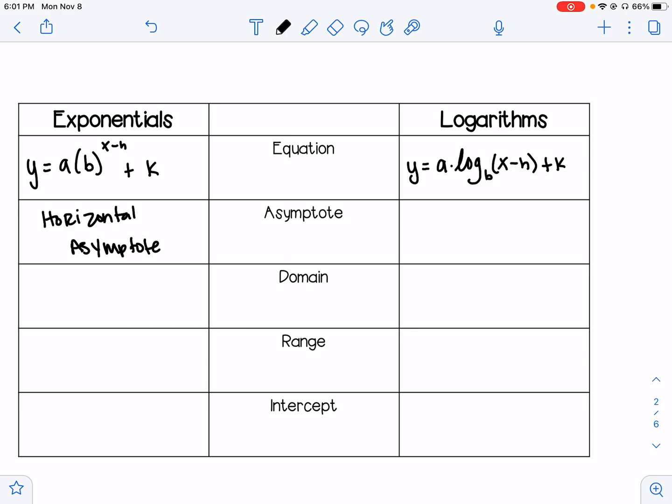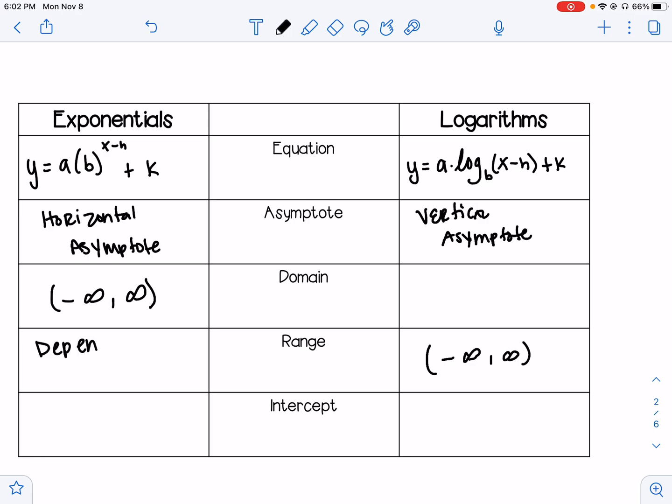So here we did have a horizontal asymptote, which means that for the logarithm, we have that vertical asymptote. Here, for exponentials, our domain was all real numbers. That means the range is going to be all real numbers for a logarithm. Vice versa, for the range, it was dependent on the horizontal asymptote.